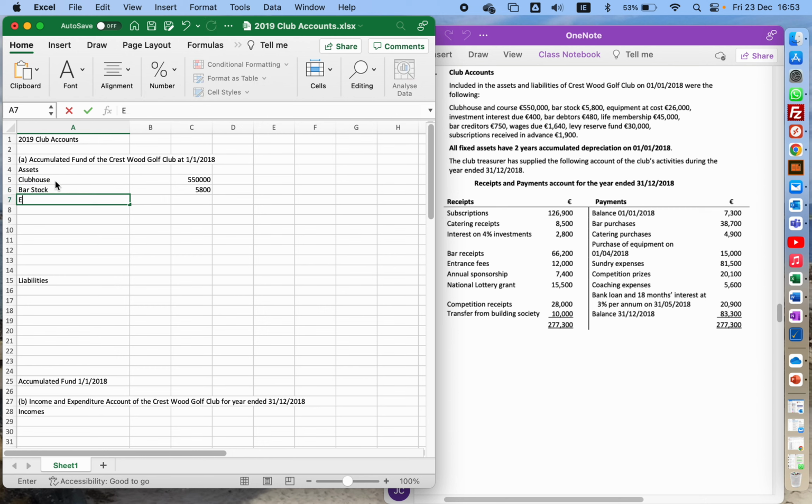Equipment is 26. Investment interest due is 400. So that means if there's investment interest due, there must be investment. So that's a number we'll probably end up having to calculate. Bar debtors is 480.